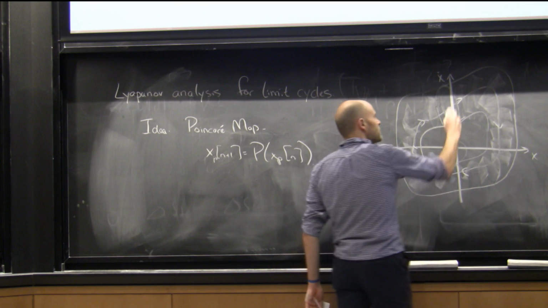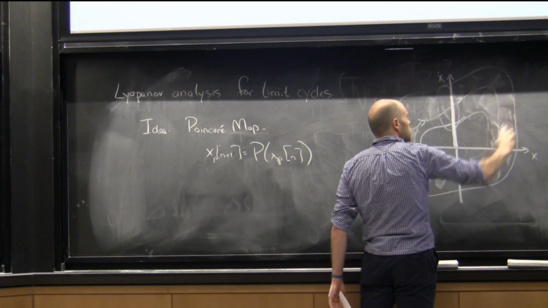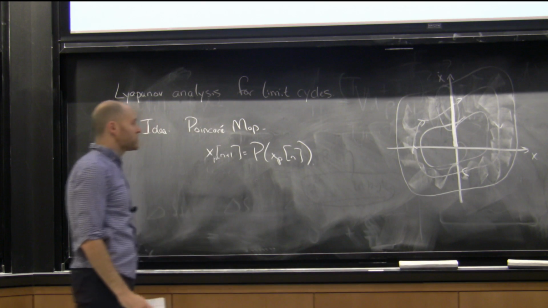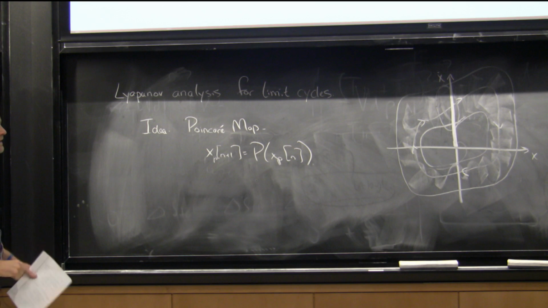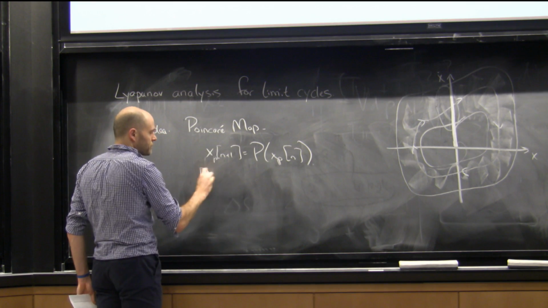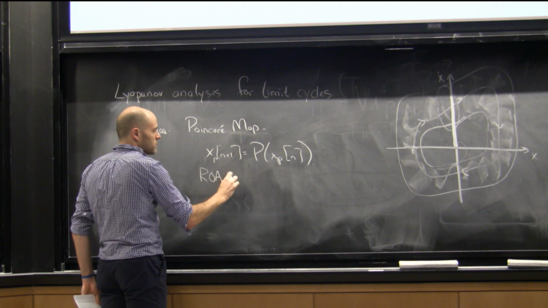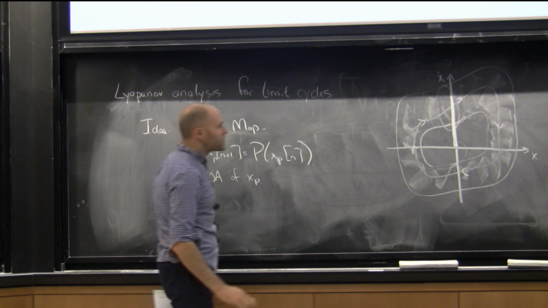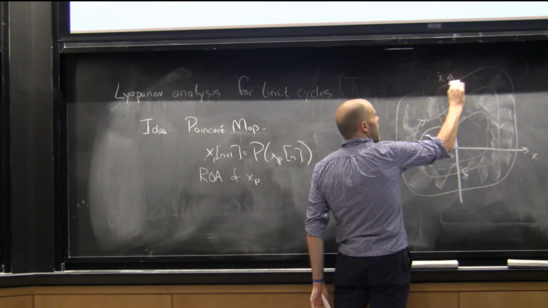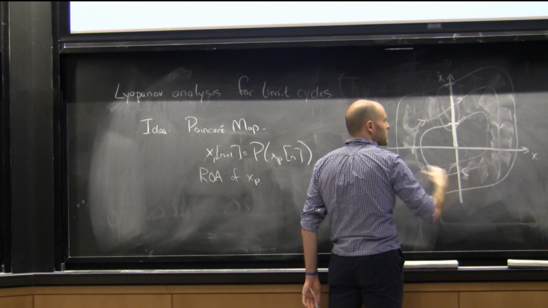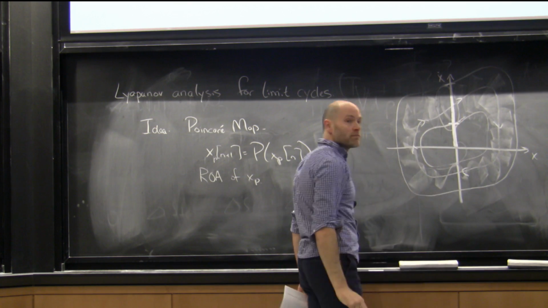That was the map that took us from this point to this point to this point to this point and converged on the nominal limit cycle. Then if I can find a region of attraction in XP, then I can find the set of points on that surface of section which I know under the dynamics of the map will converge to that fixed point.